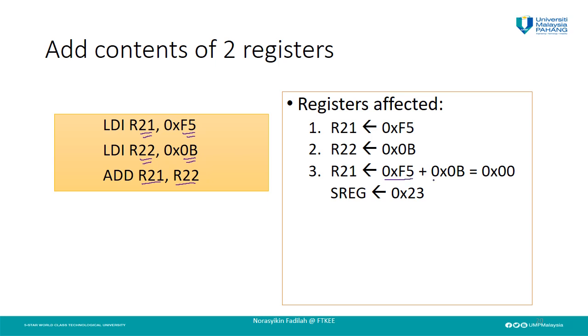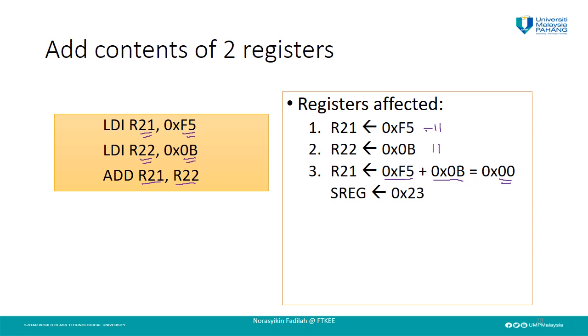which will add the contents of the registers together. So when F5 is added with 0B, the result will become 00, because F5 is negative 11 in decimal and 0B is 11 in decimal.